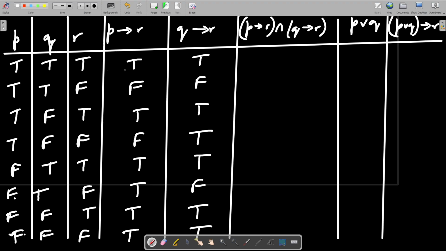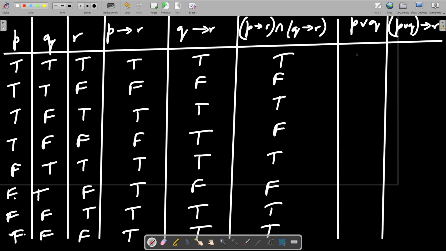Now the AND of both the statements. When is AND true? When both are true. So true, false here, true again, false, true again, false, true, true. Now when is OR true? When either one of them is true.